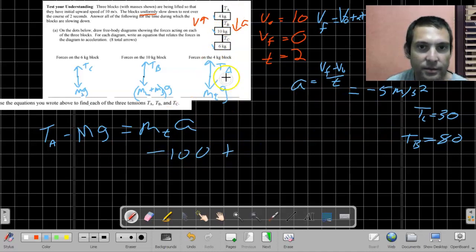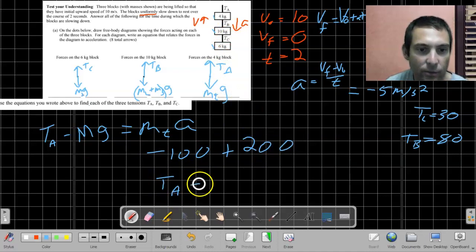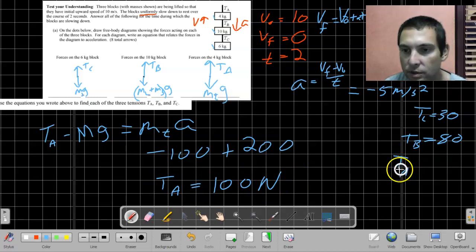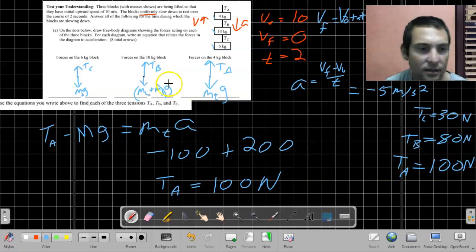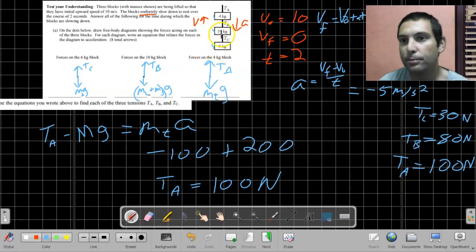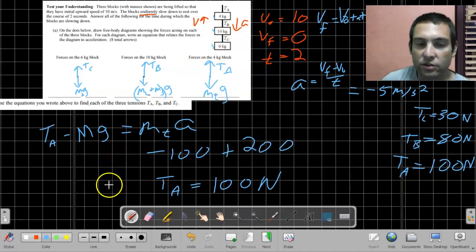Adding the total mass times acceleration due to gravity is 200. TA will then equal 100 newtons. So TA has to be the strongest, has to have the most tension in it, and I think just by looking at it, it's pretty obvious that you have more mass, you have more stuff pulling down. So of course the tension is going to be greater at the top.